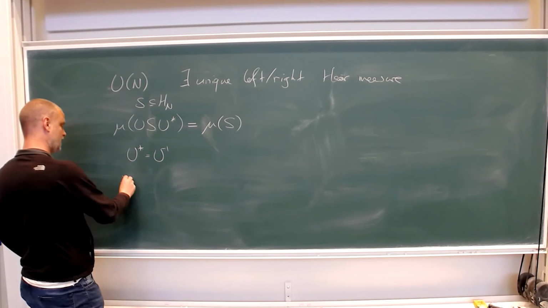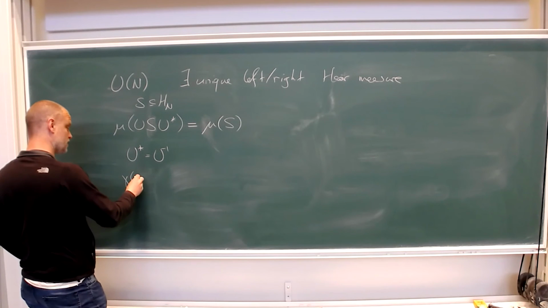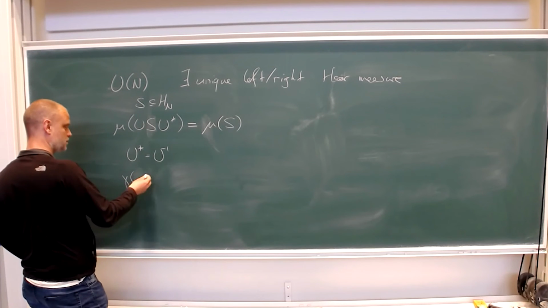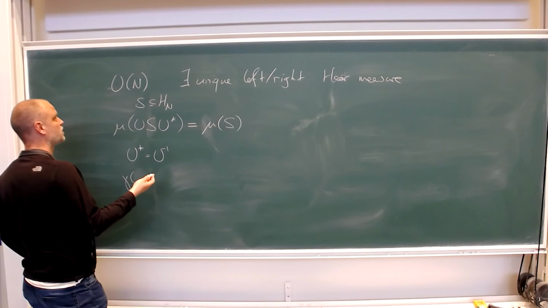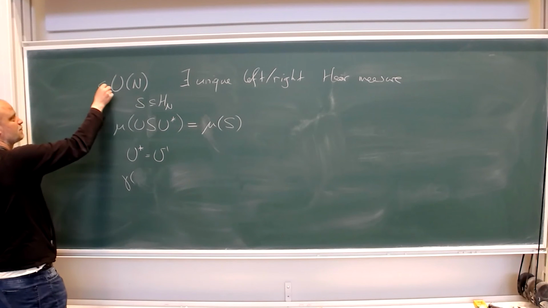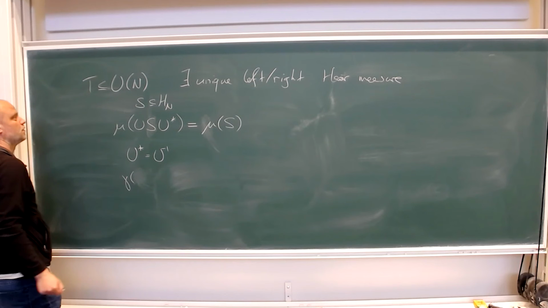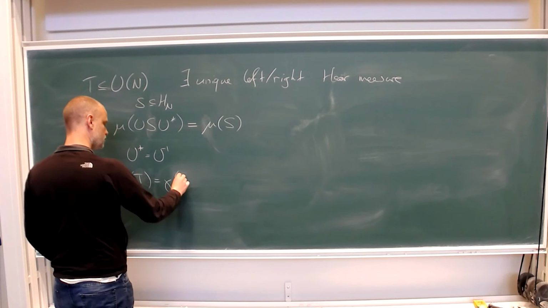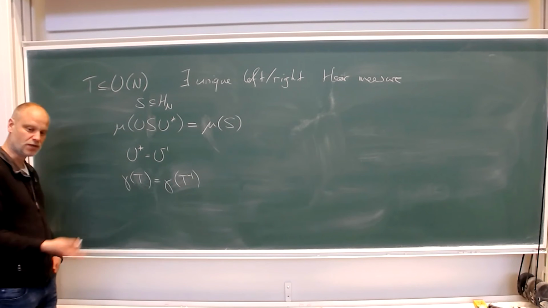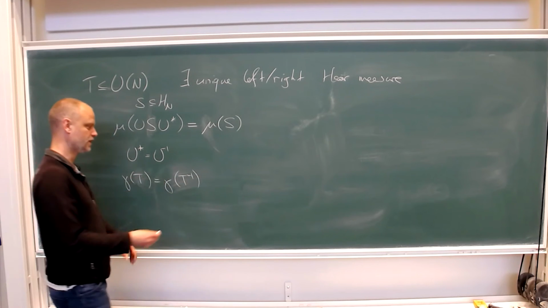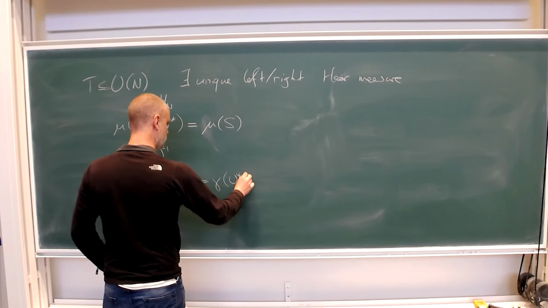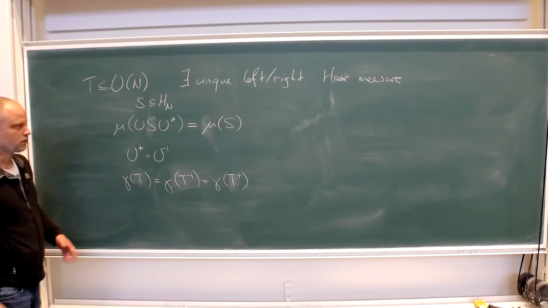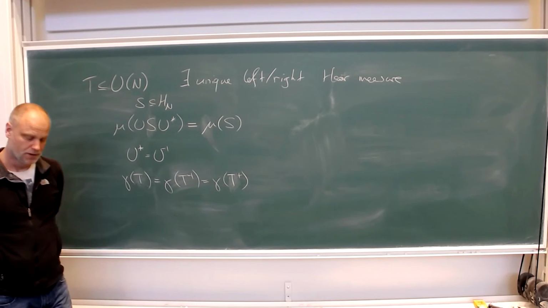And we just established that for Haar measures where the left and the right are the same, if I have a set, let me call it T, this was a way to define the right Haar measures. If we know that they are the same, there's no difference between doing the Haar measure on this one or that one.